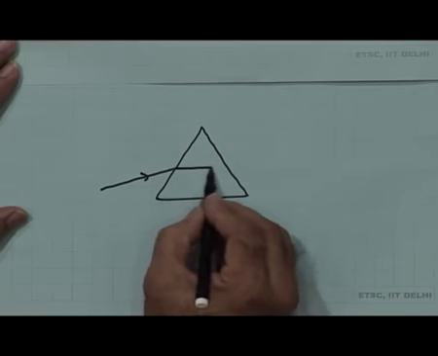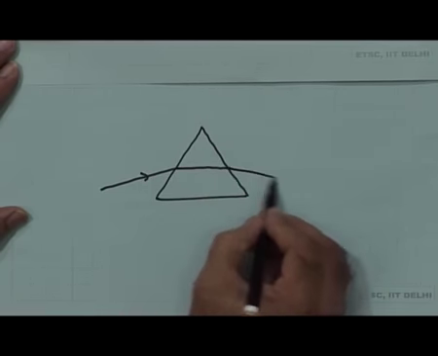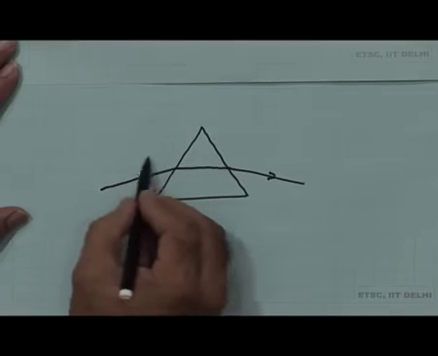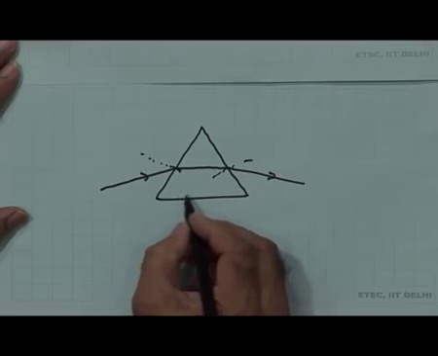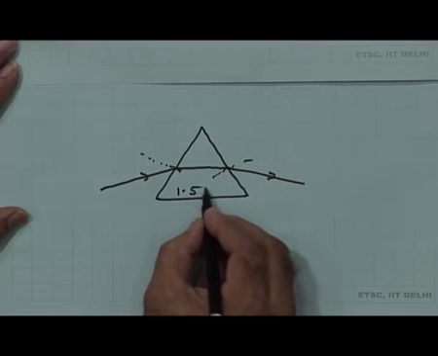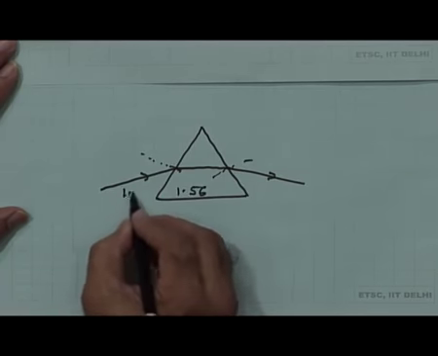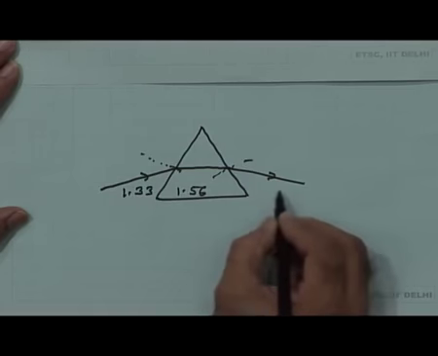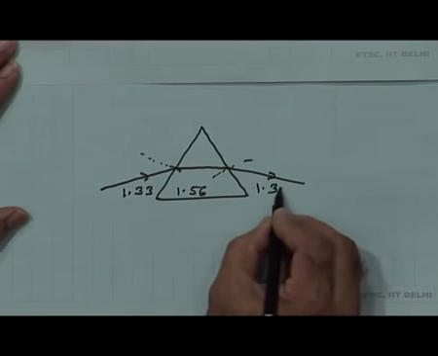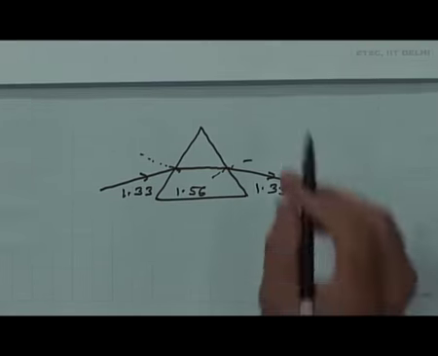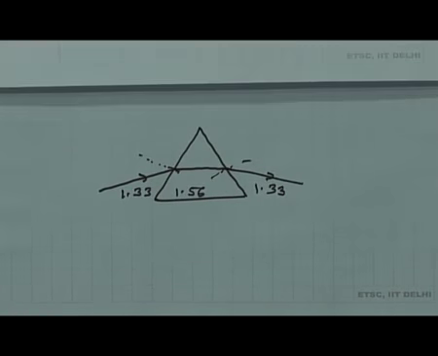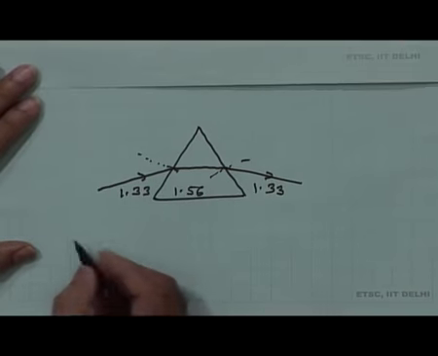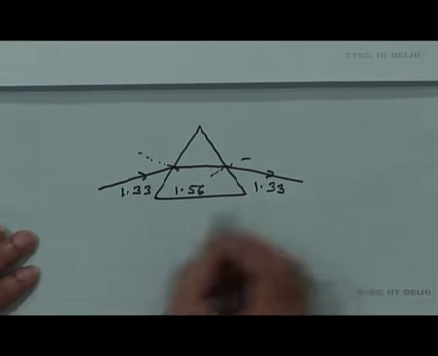Everything remains the same except that this is now 1.56, but the outside medium is 1.33, all other things remain the same. If the prism is immersed in water, what would be the angle of minimum deviation? So, now how do we go about this?